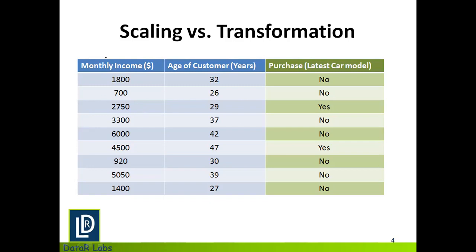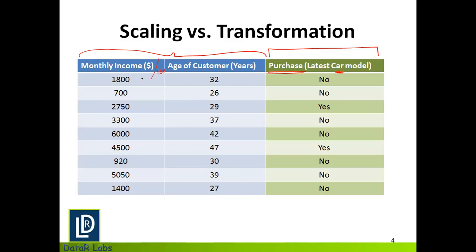I have here two independent variables, monthly income and the age of the customers. And I have a dependent variable, namely the purchase of a car model by the customer. Now, if I try to do a simple scaling on my numerical data in order to bring them to the same scale or same range, I would probably take monthly income and just divide it by a factor of probably 100.